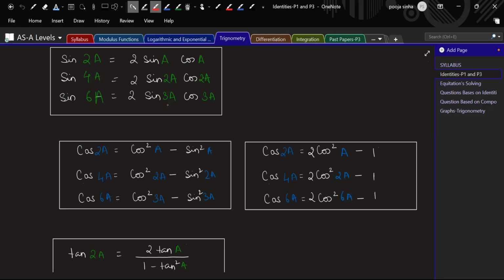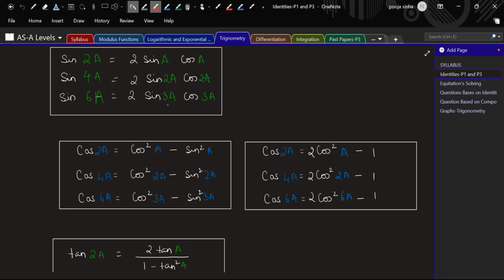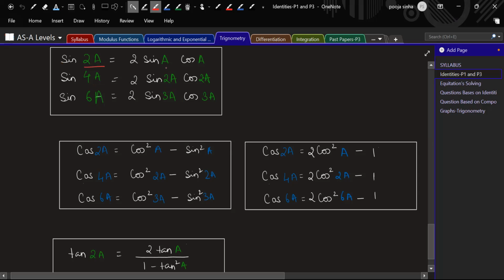Go in cos also the same one. For cos there is a different formula, but you understand that in sine, this formula only, when cos, we have a cos also. So the 2a, this is an a and this is an a. So this 2 is being multiplied by both. 2 sine a cos a.